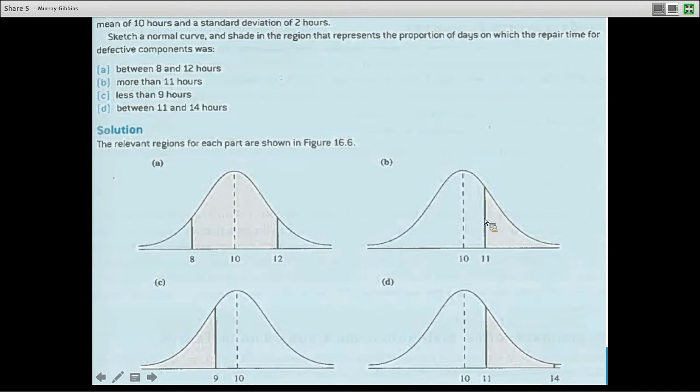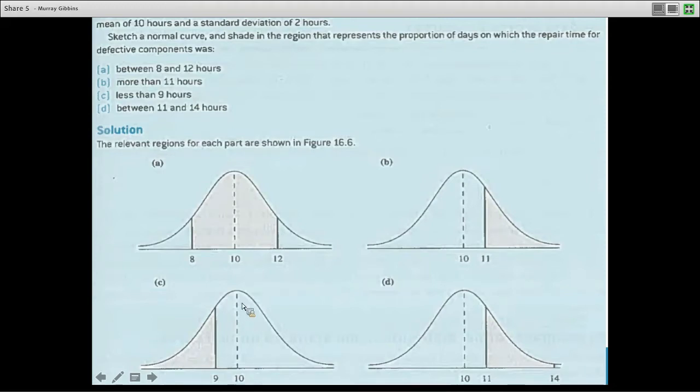Half the graph is 0.5. So if the tables were telling us that this area was 0.2, then this area must be 0.5 minus 0.2, and that'll give me 0.3. 0.3 plus 0.2 adds to 0.5, half the graph.